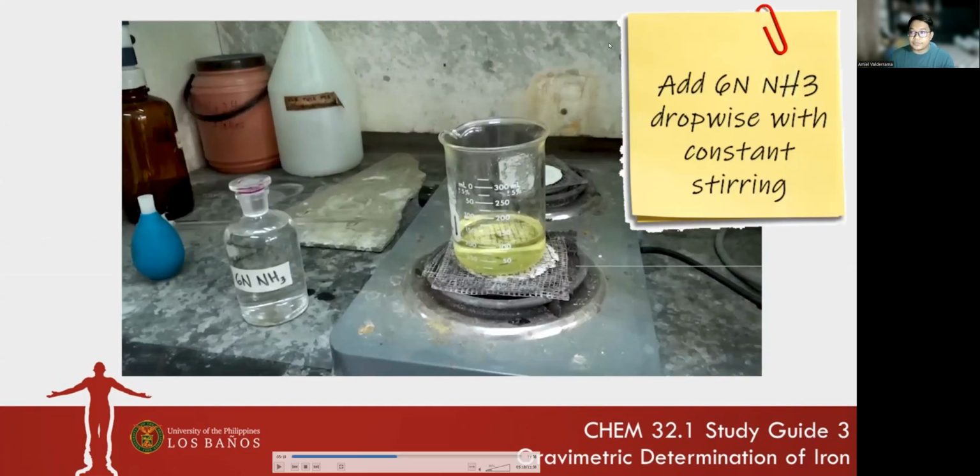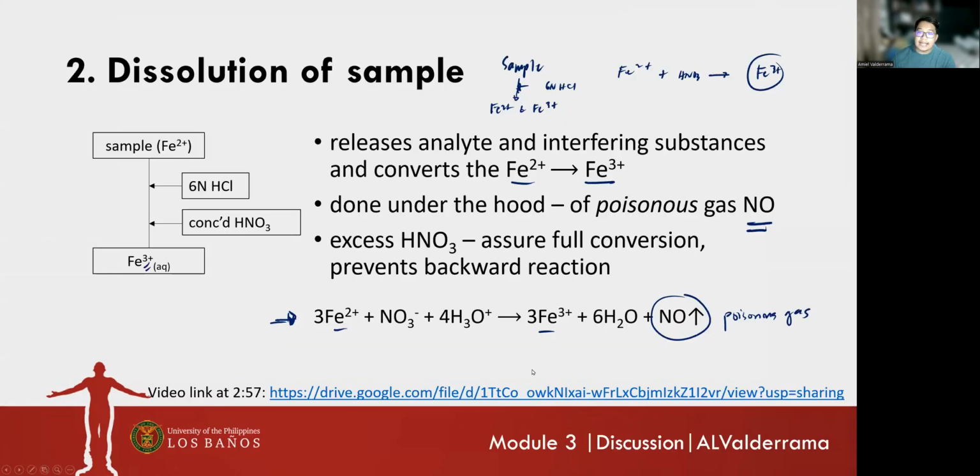Okay. So now let's go back to our presentation. So after addition of nitric acid, we make sure that it is in excess. Okay. So that the backward reaction of Fe3+ to Fe2+ does not happen.